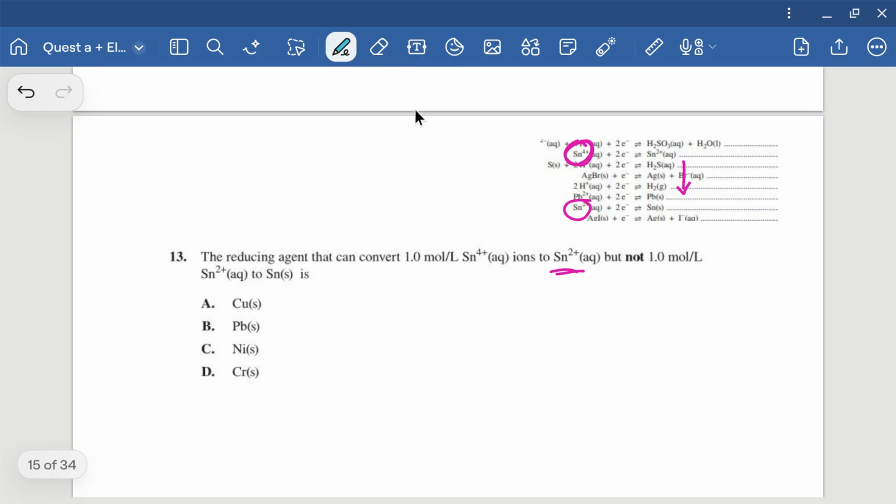But not to reduce Sn2+, we have to have an RA above Sn2+. So taking a look at the RAs listed, the one that is in between would be your Pb ion. So Pb can reduce Sn4+, but it cannot the other one because that would be non-spontaneous.